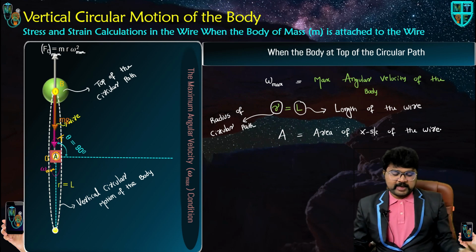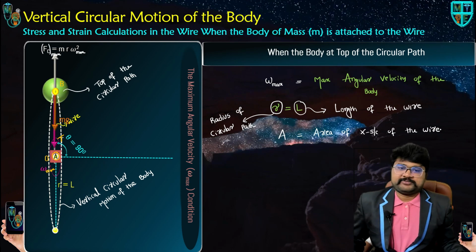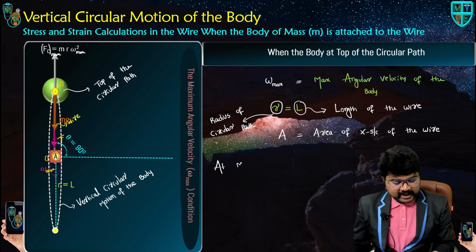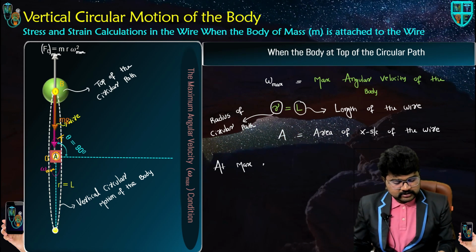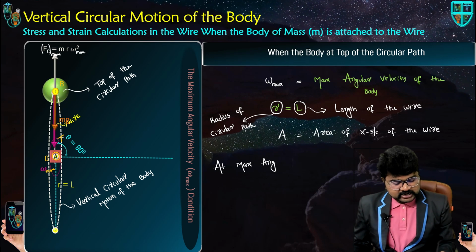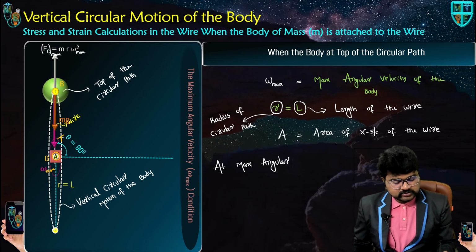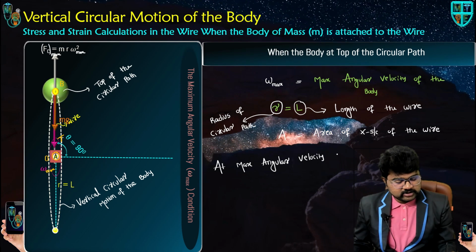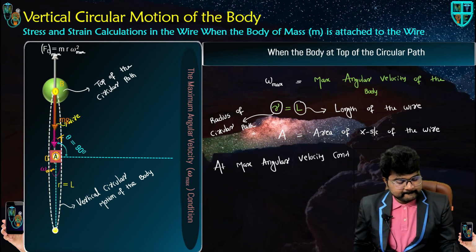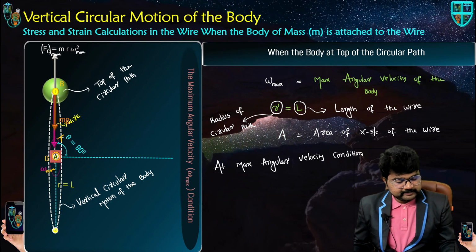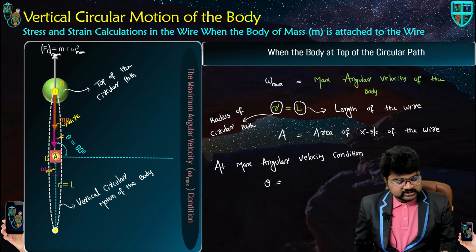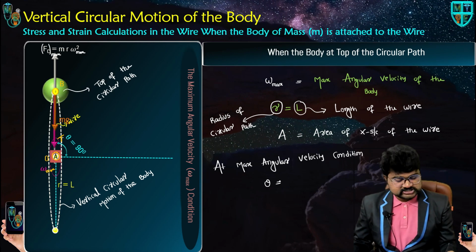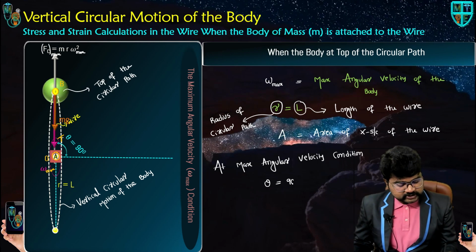Here we are discussing the maximum angular velocity condition, theta equal to 90 degrees. Theta measured counterclockwise from the positive x-axis is positive.